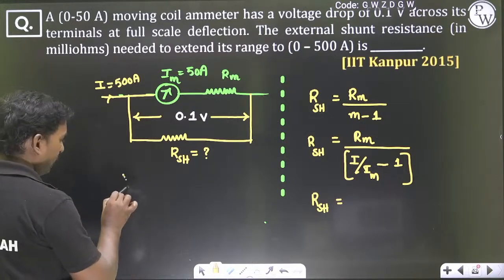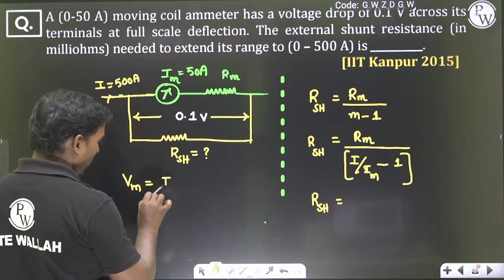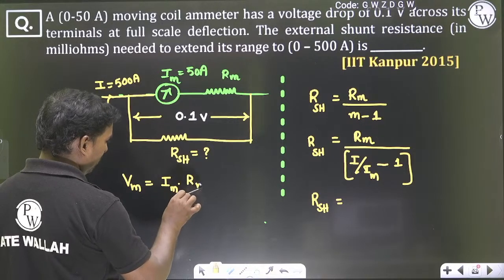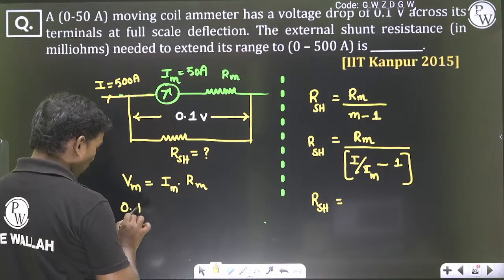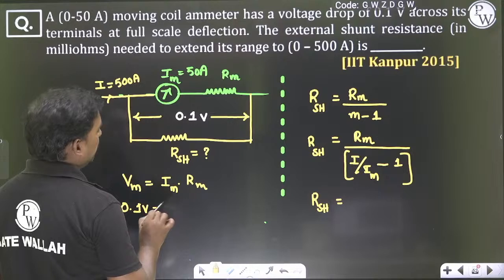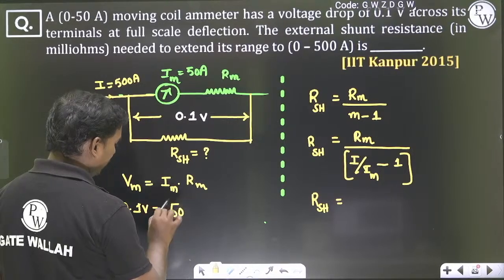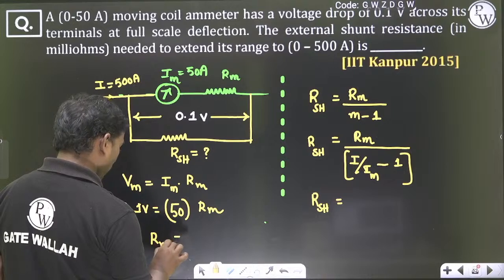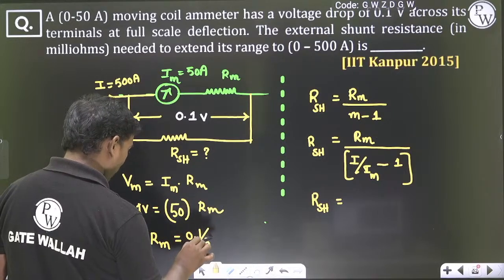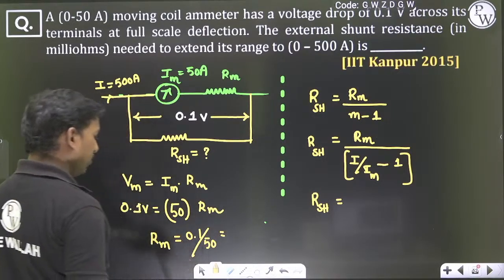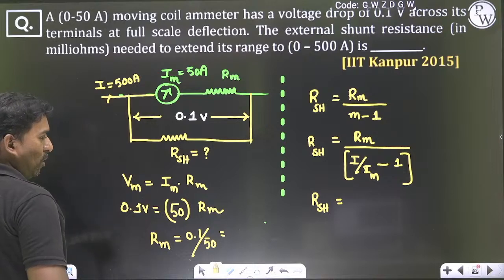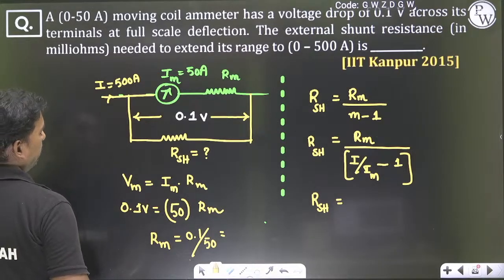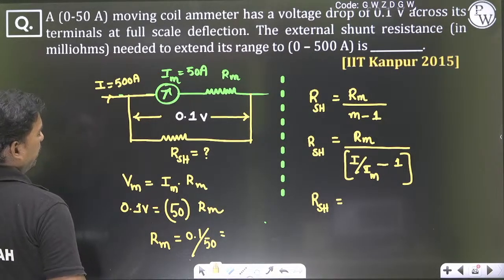So Vm is equal to Im into Rm. This is 0.1 volt, Im is 50 amperes, Rm. So 0.1 by 50, that is 1 by 10, 1 by 500. 1 by 500 means 0.002.